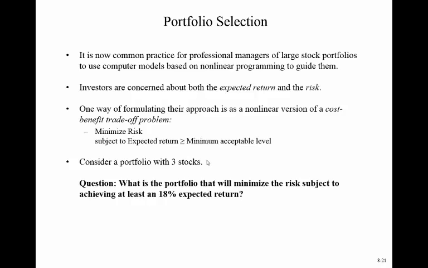Now, the last example we want to cover in this video is this notion of portfolio selection. Optimization is used pretty widely in the world of finance. One of the key ways it's used is to identify a portfolio that, for some level of desired return, will decide your investments to achieve that return, but do so at minimal risk.